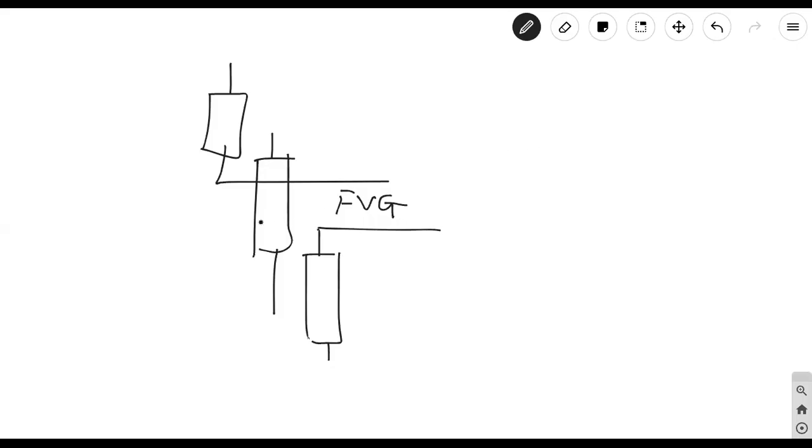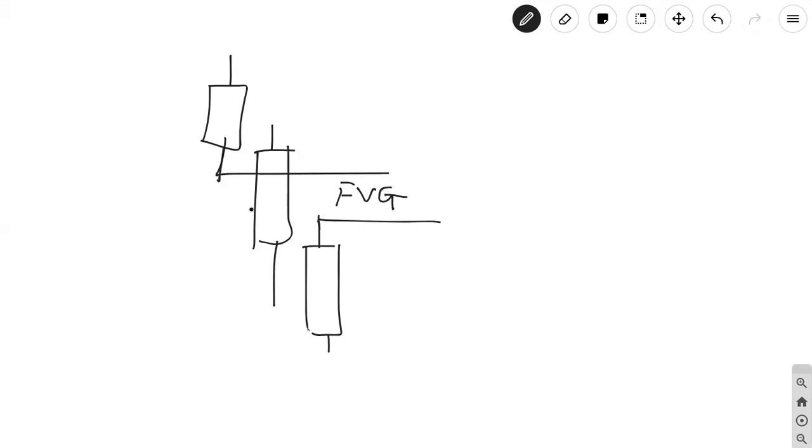If the first candle's wick and the third candle's wick do not meet each other, that is what we call a fair value gap. I know most of you here know about this, so I'm not going to go deep into it. A fair value gap is just a three candle pattern in which the wicks of the first candle and the third candle do not meet.